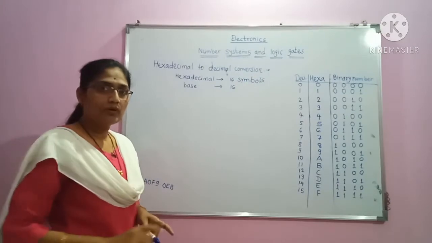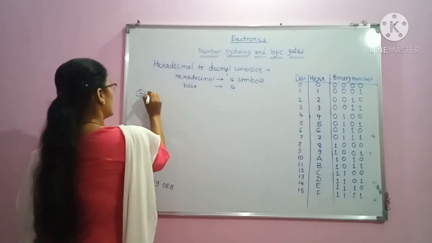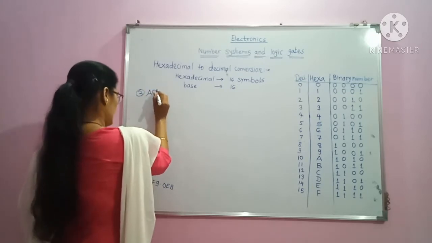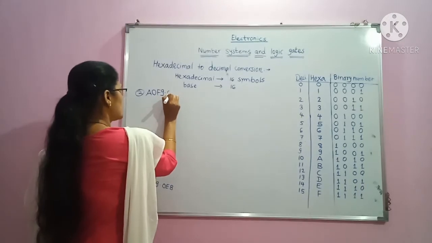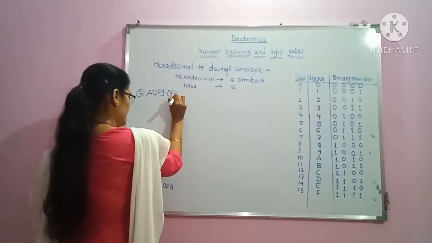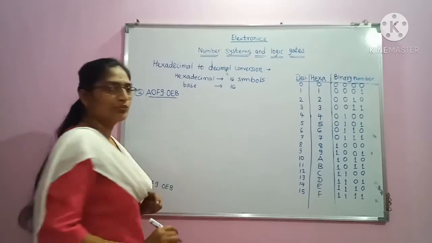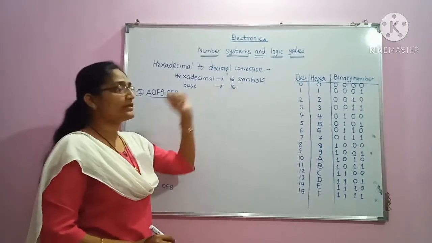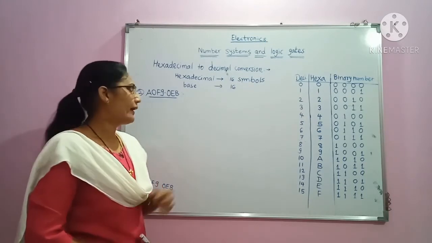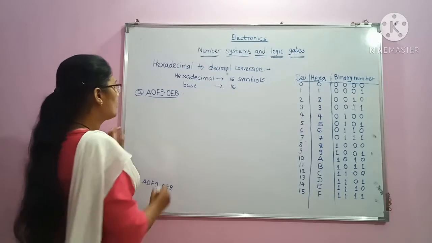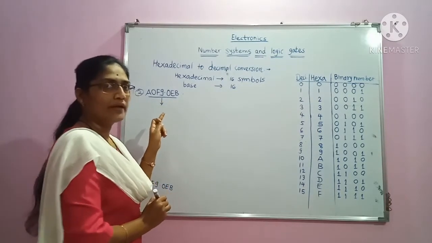The second hexadecimal number is A0F9.0EB. This is a hexadecimal number and I have to convert it into its decimal form. Same procedure I have to follow. I have to multiply each digit while finding its value in decimal.